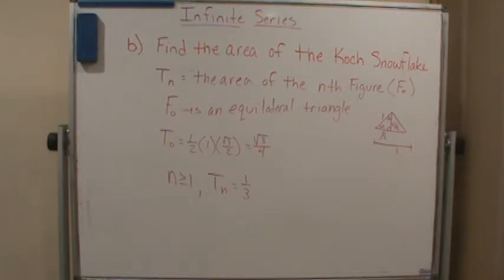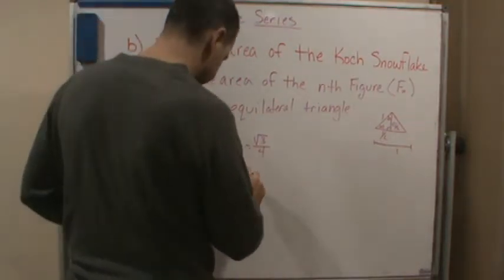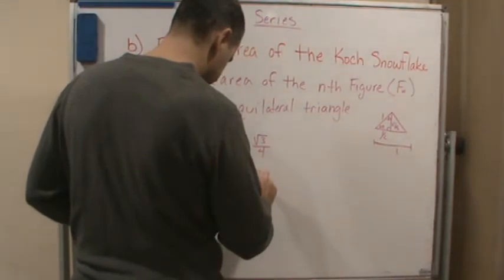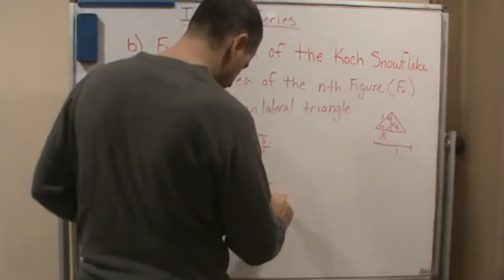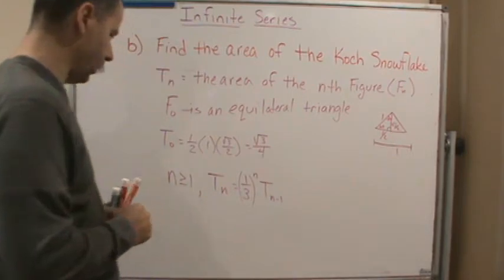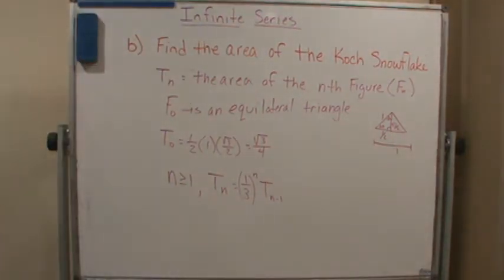It's going to be 1/3 squared times the area of f sub n minus 1, or t sub n minus 1.